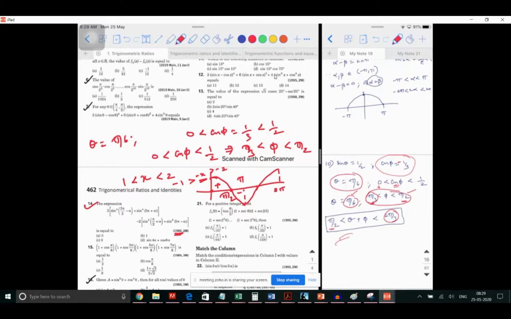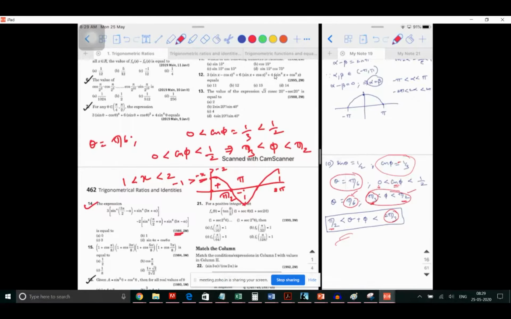So how to do the 14th? Sine 3 pi by 2 minus alpha, which quadrant is it? Assuming alpha to be acute, 3 pi by 2 minus alpha is going to be in which quadrant?